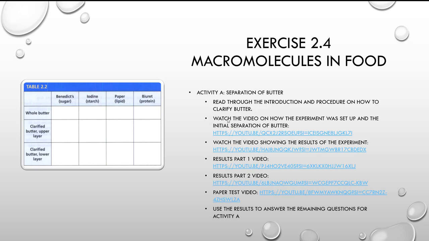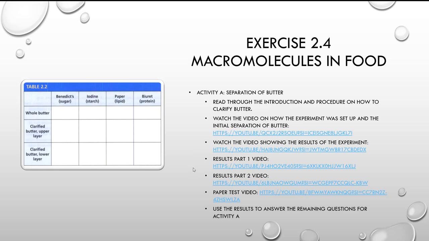And so you can watch a video showing how the experiment is set up, where the butter is actually separated. And then you can watch videos showing how it was tested for the different presence of the macromolecules.